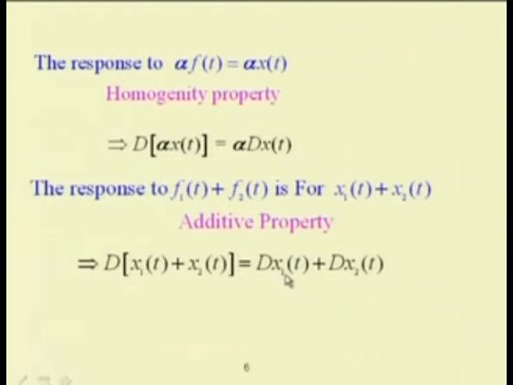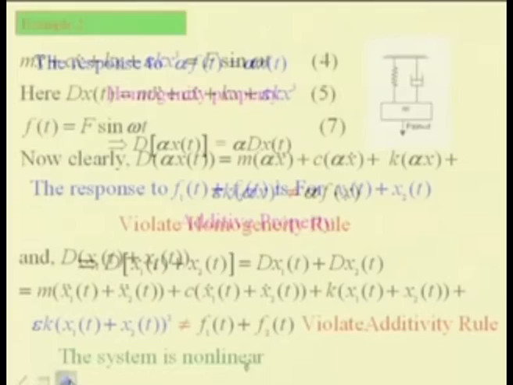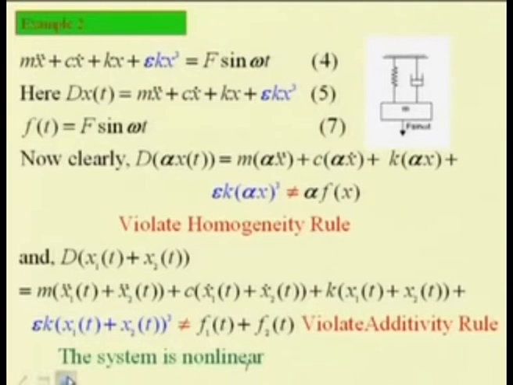In terms of the differential equation, D of x1(t) plus x2(t) should be equal to D of x1(t) plus D of x2(t). So we have taken this example and we have studied this.